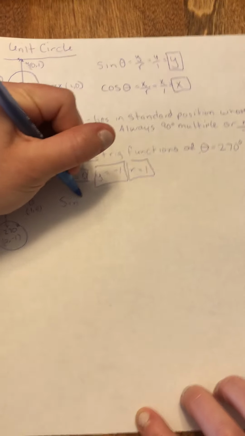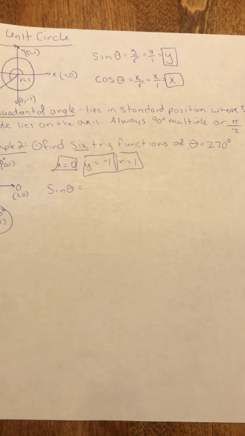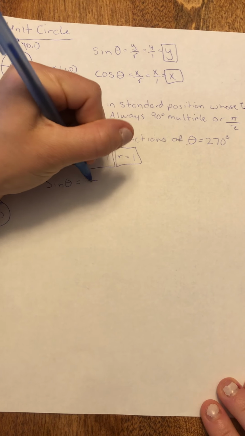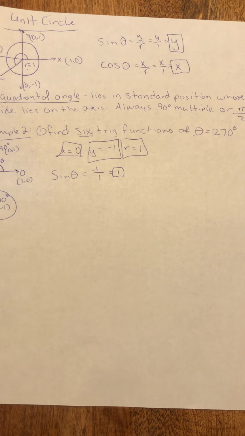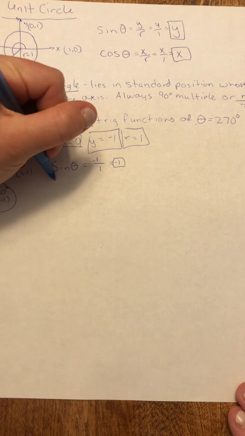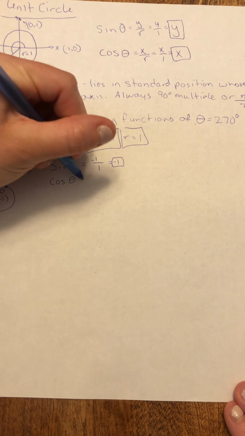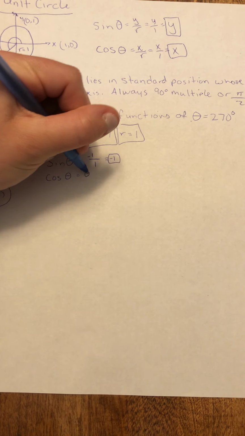So our sine of theta is going to be negative 1 over positive 1, which is equal to negative 1. And our cosine of theta is x over r, so that would be 0 over 1.